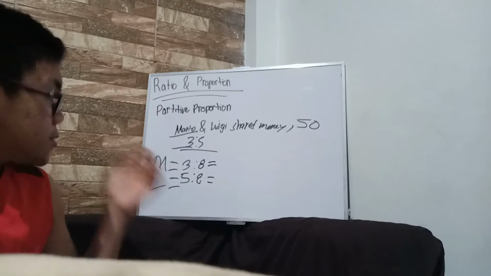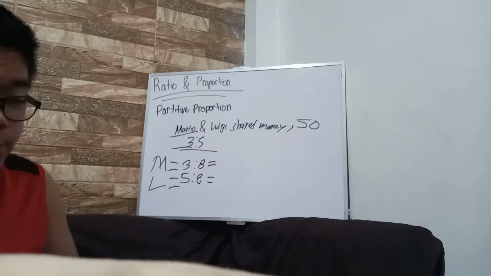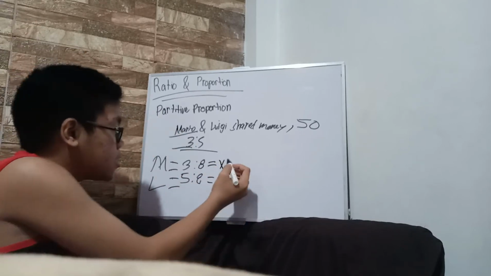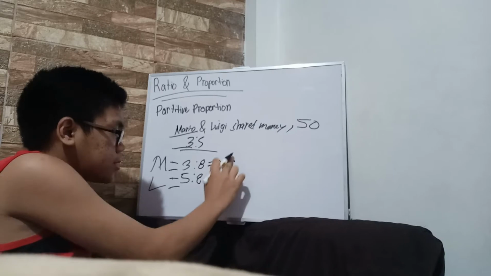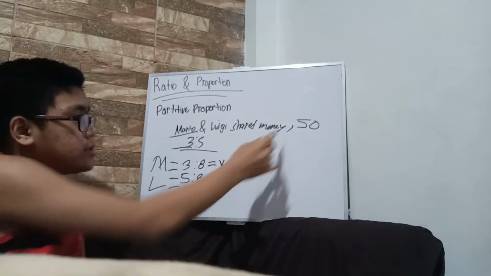Every time you see a whole number, you first write the letter for the missing part, x, then the whole number.